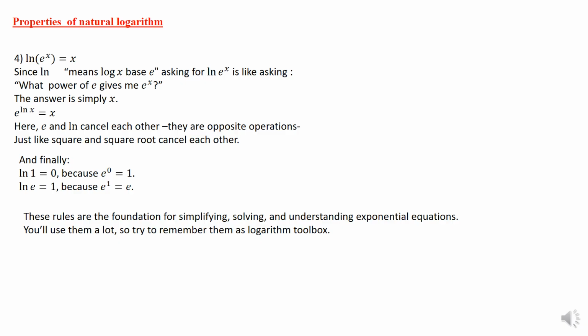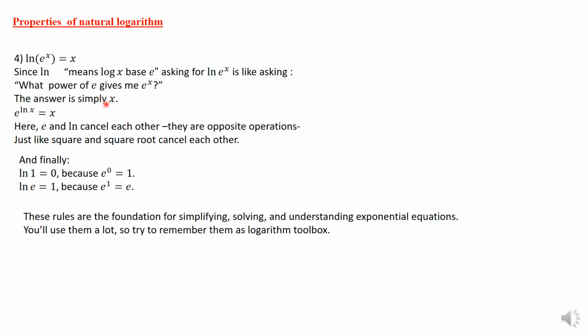The last property of natural logarithm is that ln e power x is equal to x. Why is this? Since ln means log base e, asking for ln e power x is like asking what power of e gives me e power x.